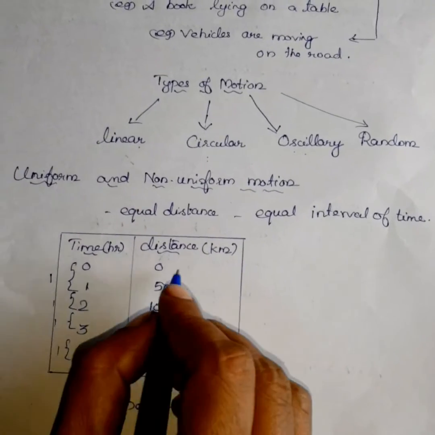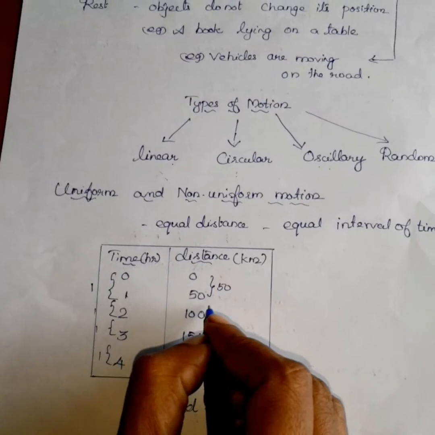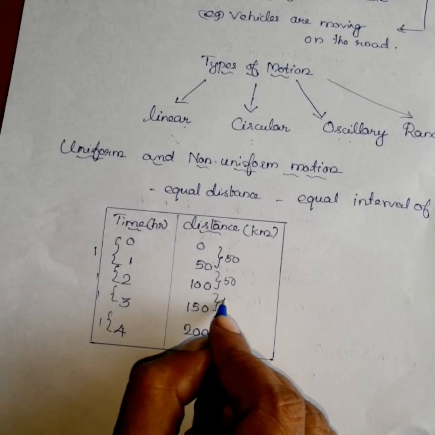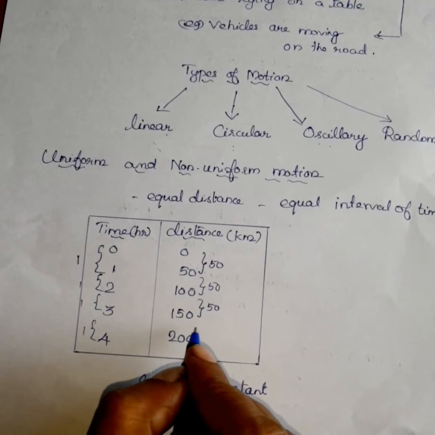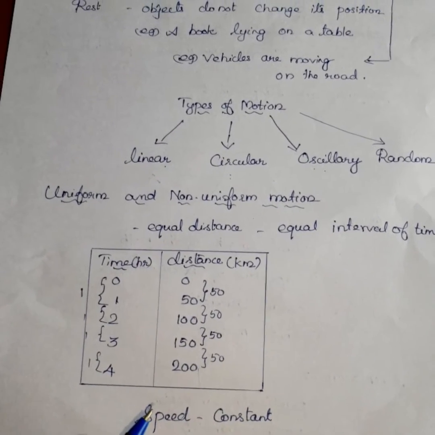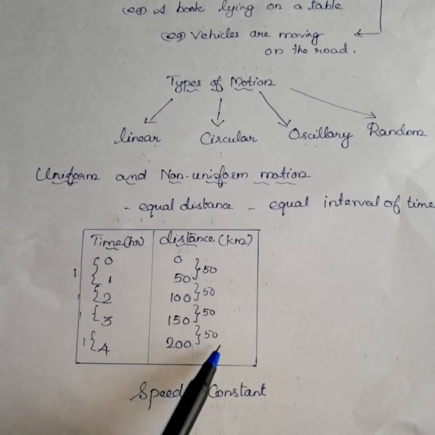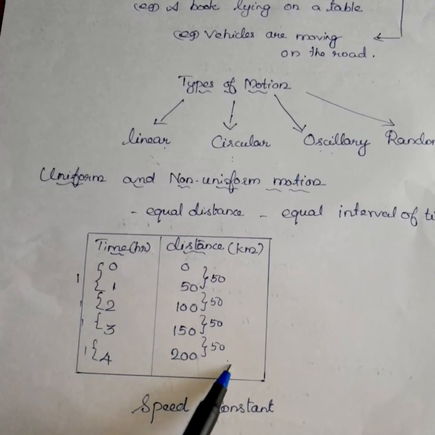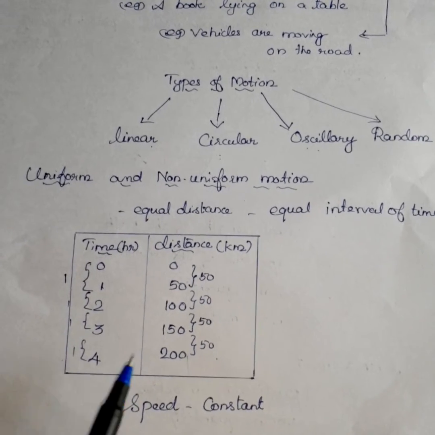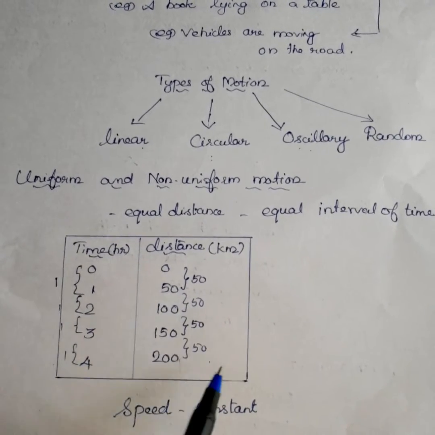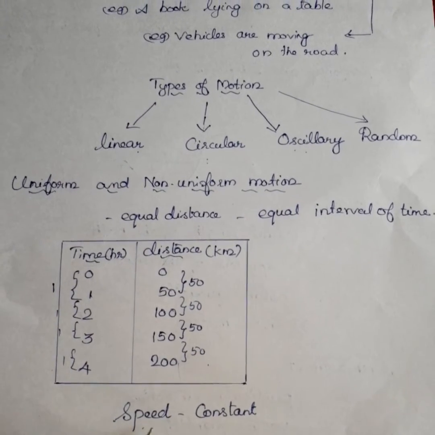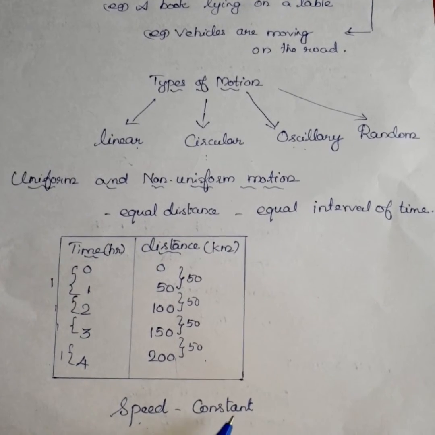Here also the distance: 50, 100 minus 50 equals 50, 150 minus 100 equals 50, 200 minus 150 equals 50. So the car covers 50 kilometers in 1 hour. Now you see the motion of the car is uniform. Finally, what do you understand? The speed is constant.